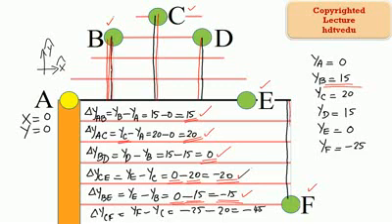It is 5, 10, 15, 20, 25. So it is below the origin, so it is negative. So negative 5, negative 10, negative 15, negative 20, negative 25. So negative 25. What is the position of point C? It is positive 5, 10, 15, 20. So negative 25 minus 20 is negative 45.